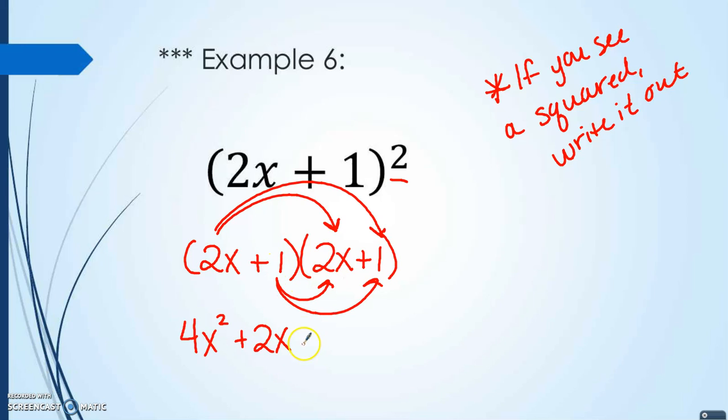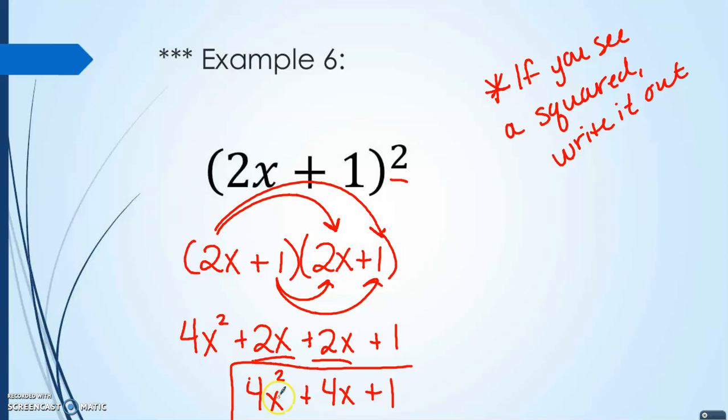So 1 times 2 is 2, and there's an x there. 1 times 1 is 1. All right? And then we combine our like terms. So 2x plus 2x is 4x. So we have 4x squared plus 4x plus 1. Like that. So you're going to see stuff like that, okay? So make sure you write it out side by side.